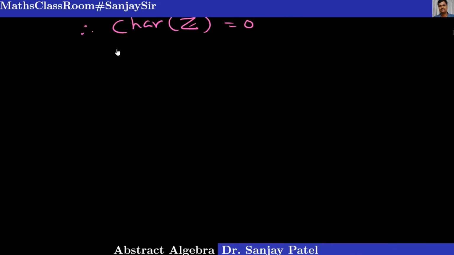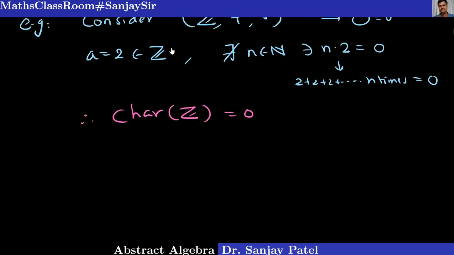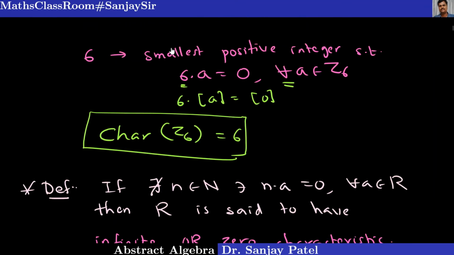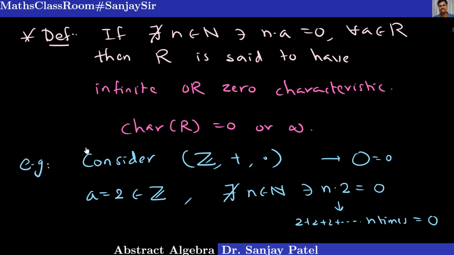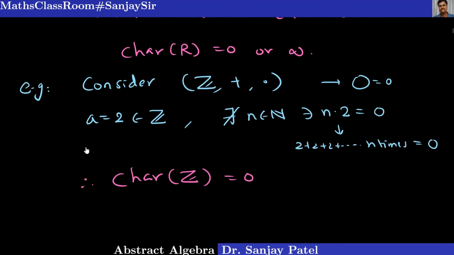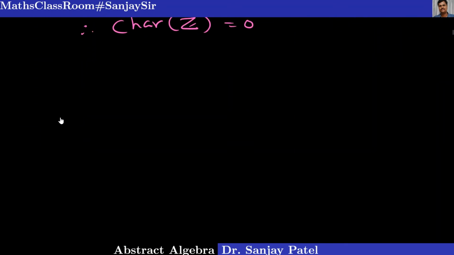Okay, so from the definition of characteristic, you must have realized that the condition that n into a equals 0 has to be checked for every a belongs to R. Okay, and that is very difficult when the ring R has infinitely many elements or many elements. So there must be some nice way or an easy way to find the characteristic.